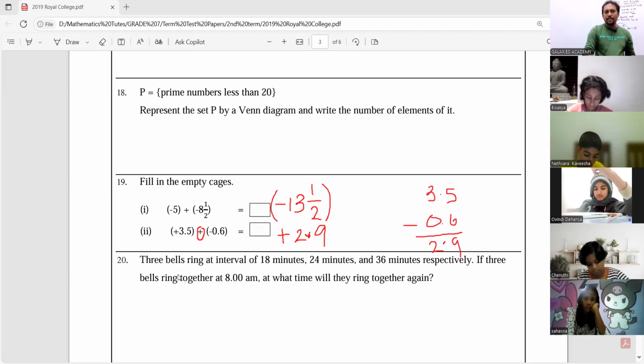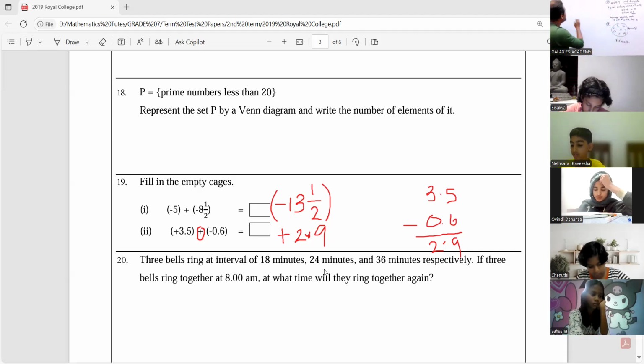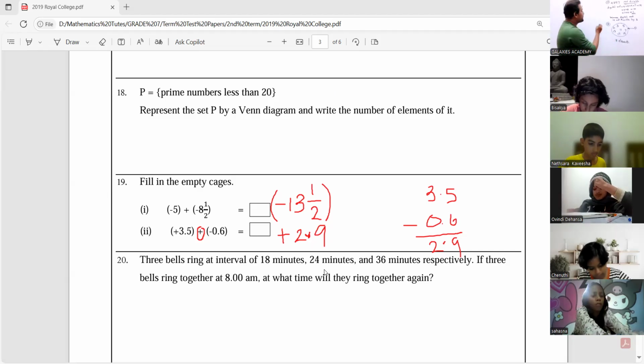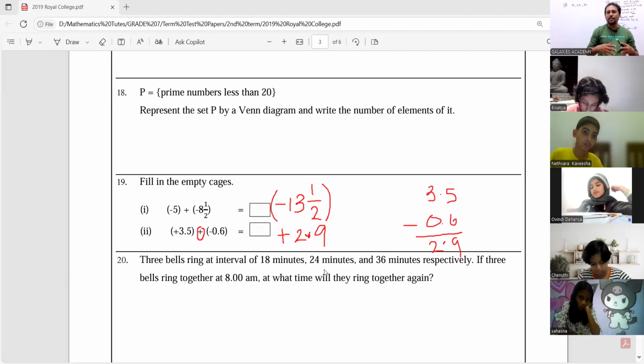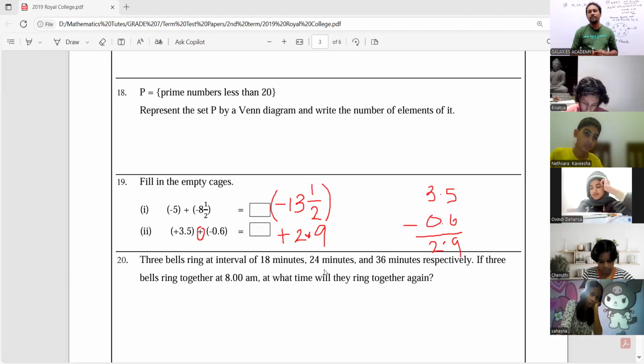Number 20. The bells ring at intervals of 18 minutes, 24 minutes, and 36 minutes respectively. ඕන bells තුනක් තියෙනවා. එක bell එකක් විනාඩි 18න් 18ට ring වෙනවා. අනිත් එක විනාඩි 24න් 24ට ring වෙනවා. අනිත් එක 36න් 36ට ring වෙනවා.